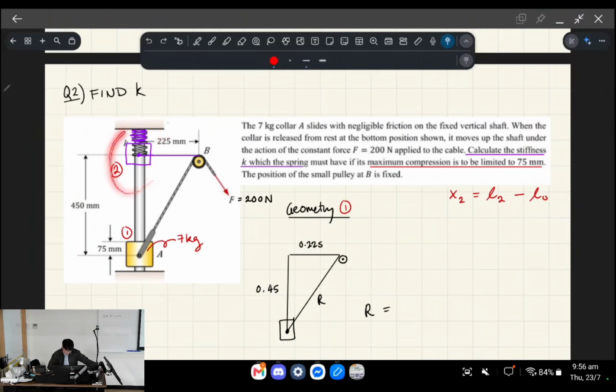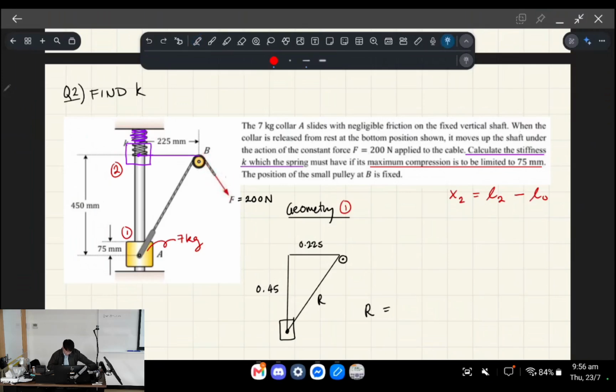Okay, and then in state 2, the collar slides up and the system stops moving because the spring opposes the motion, and there's no more vertical force because the rope is going to be completely horizontal at that point. But now we've got spring potential energy because the spring is going to be partially compressed.